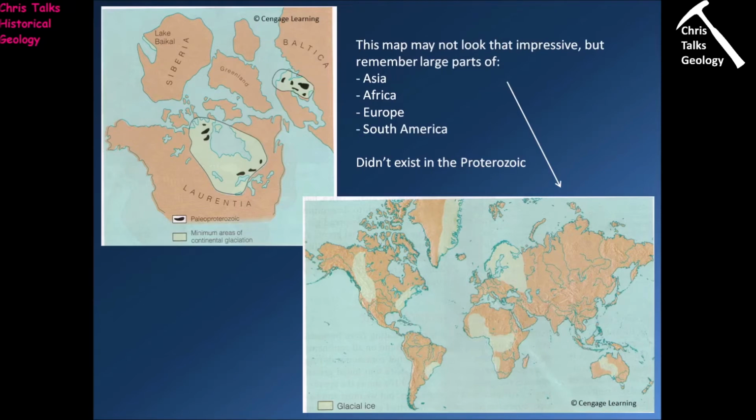So all of a sudden, the distribution that you can see here actually begins to look a lot better when you consider that large quantities of Asia didn't exist, most of Europe didn't exist, and large parts of South America and Africa didn't exist. And so when you look at what's left, well, then all of a sudden you think, actually, that's pretty good coverage of Proterozoic glacial tills.